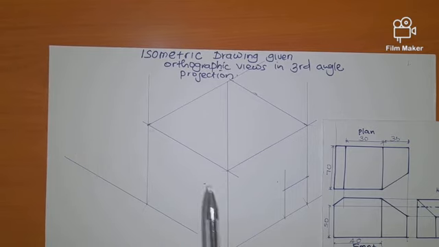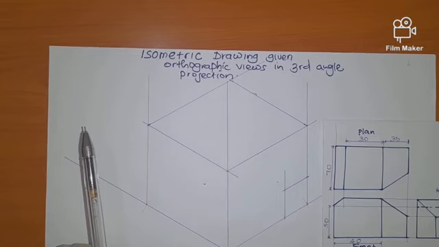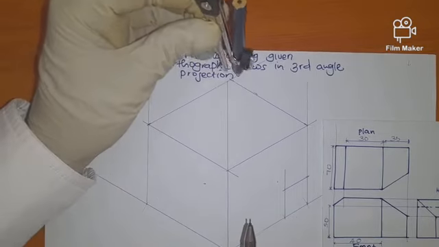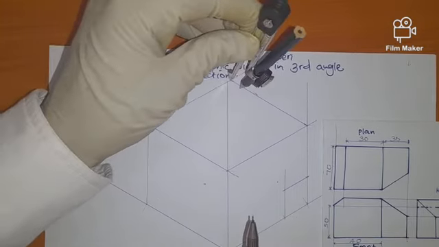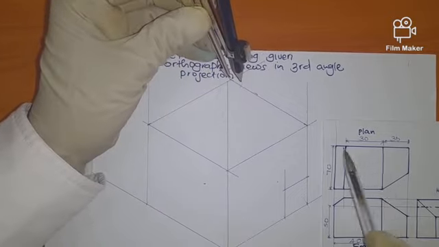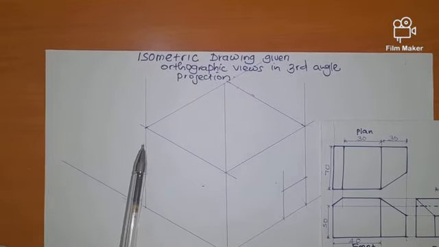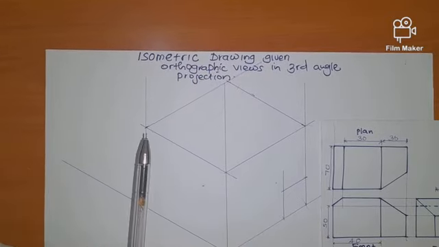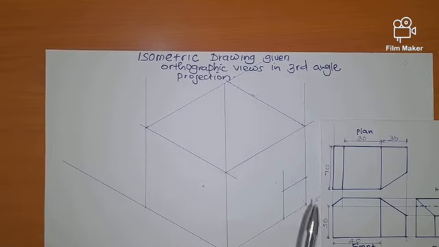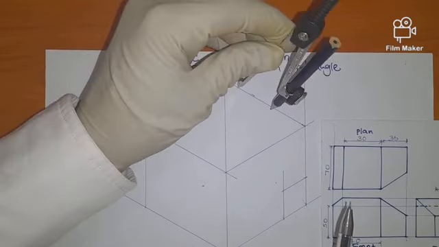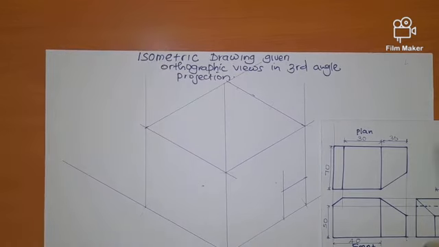Once you have your 10, you can transfer it here. You can transfer it here. Then you have your 30. You bring your 30. And of course, the remaining part is 30.